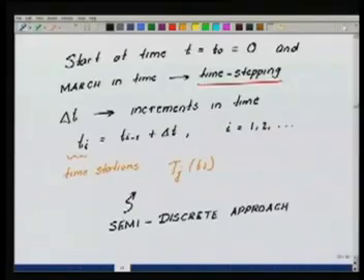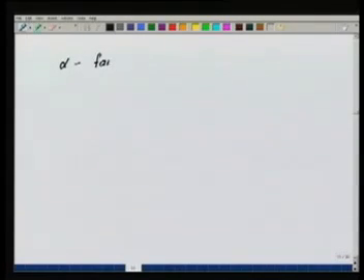Now there are standard ways of doing this time marching. What we are going to use is the alpha family of time marching schemes.